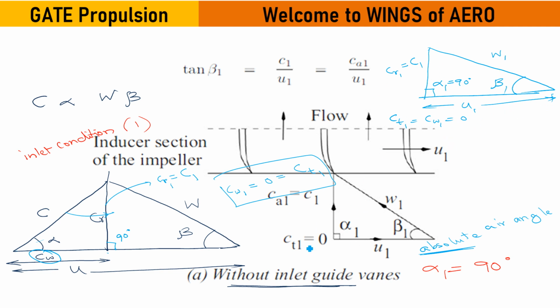So you can see exactly the same configuration. Now in case any unknown parameter is asked, using tan beta 1, tan beta means height by base, so you can write C1 by U1 or CR1 by U1, any kind of notation you can take.